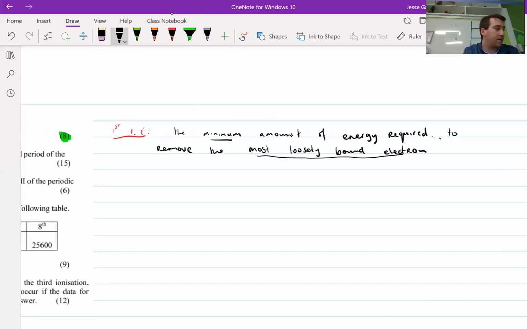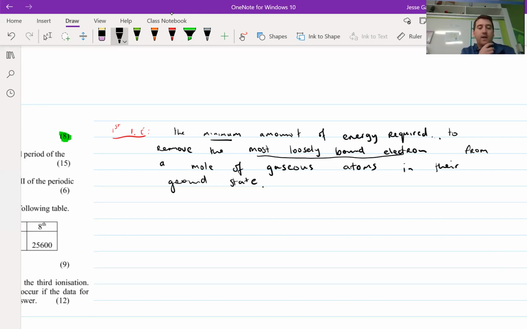That's what they gave 3 marks for there. From a mole of gaseous atoms in their ground state. Ground state.